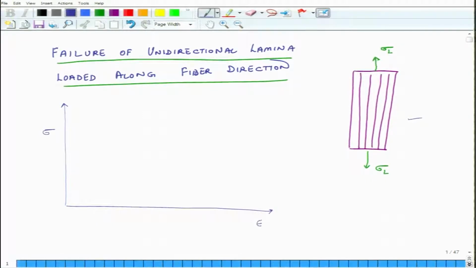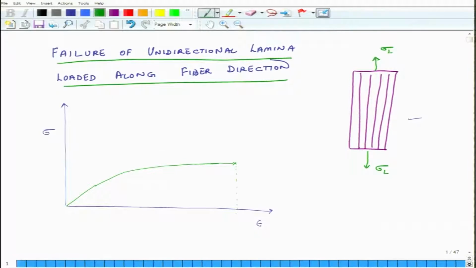So, if I have a piece of matrix material, initially it is linearly elastic and then starts becoming somewhat plastic, and slowly this slope becomes almost 0 and then it fails at a particular point.